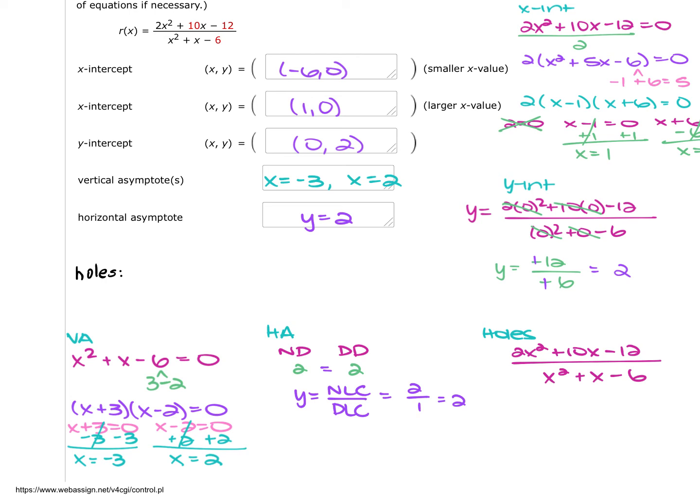When we did the y-intercept, we factored that numerator to be 2 times x minus 1 times x plus 6. When we did the vertical asymptote, we factored the denominator to be x plus 3 times x minus 2. There is nothing that is the same on both the top and the bottom of this function when they are both factored out. So your holes are none.